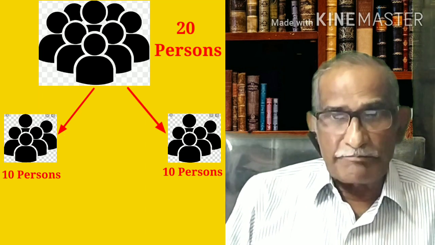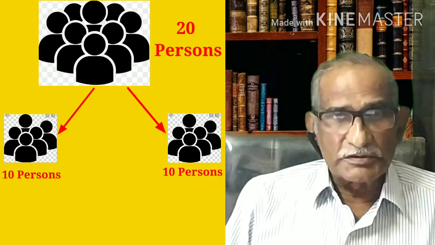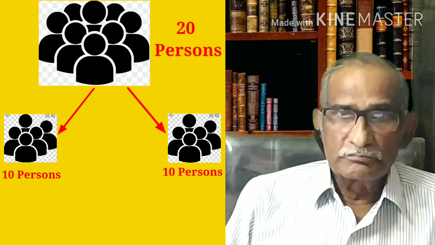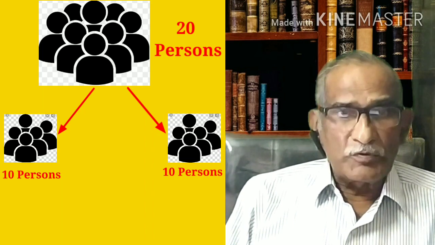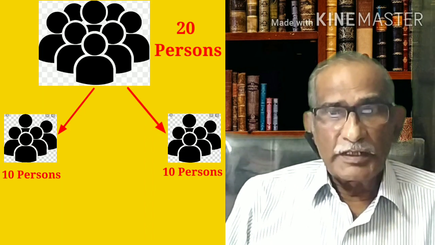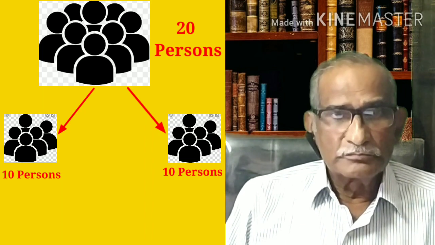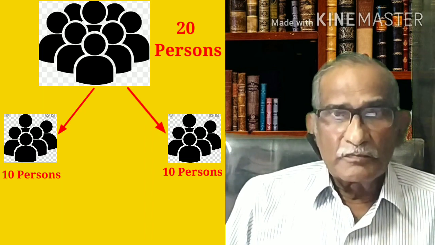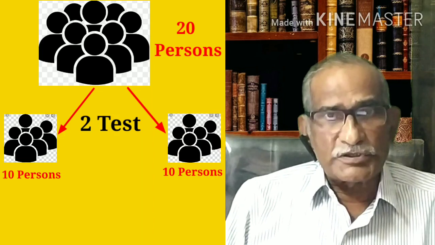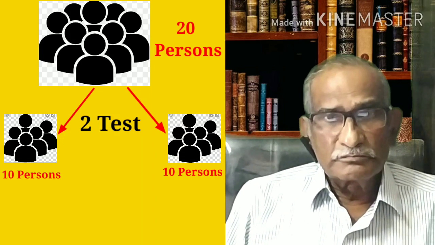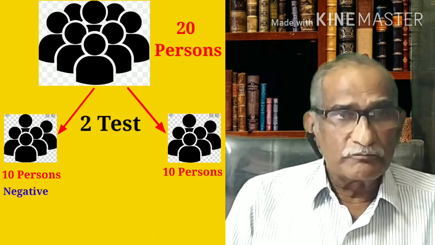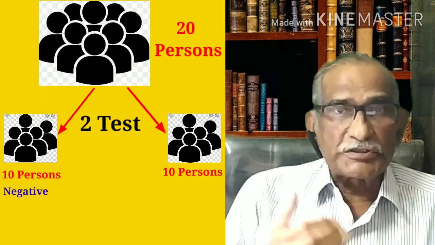Take the mixed blood sample of all the 10 individuals of the first group in 1 test tube, and the mixed blood sample of all the 10 individuals of the second group in another test tube. Then test each of the 2 mixed samples. On the average, one mixture would be negative and the other would be positive.